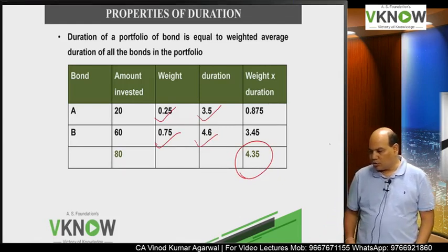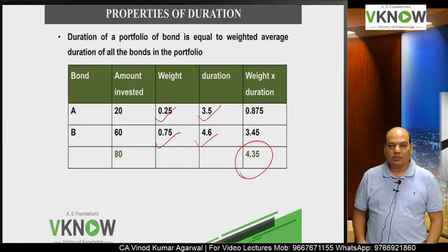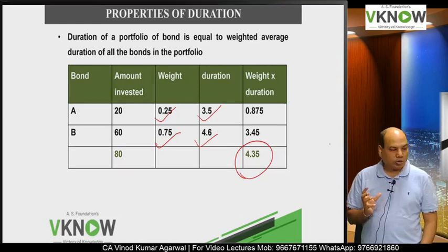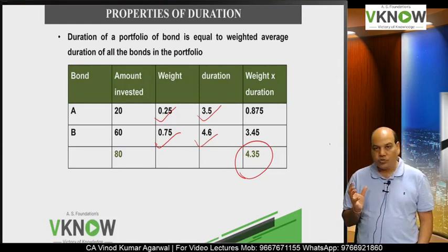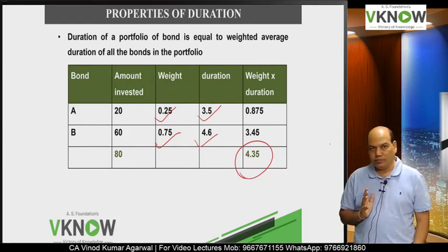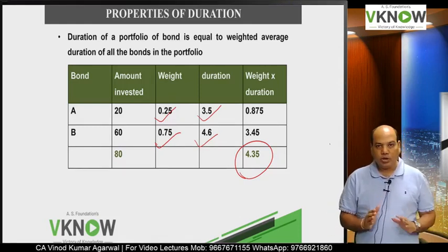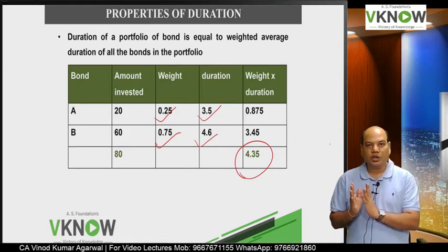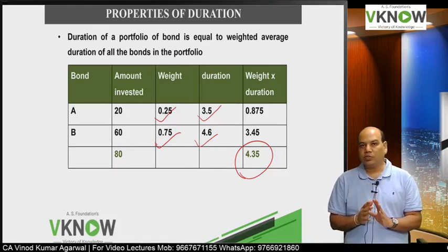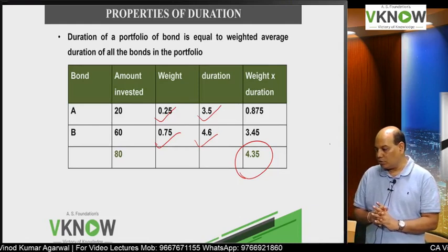So total comes to 4.35. So the overall duration of this portfolio is 4.35. So these were some of the properties of the duration of the bond.